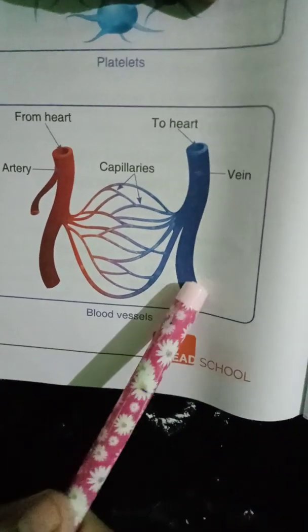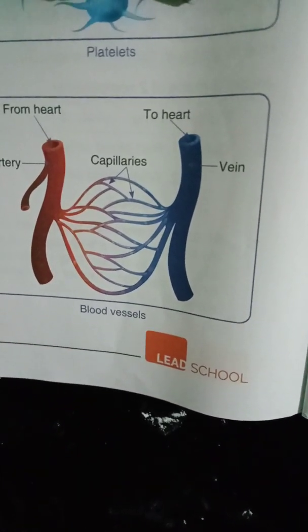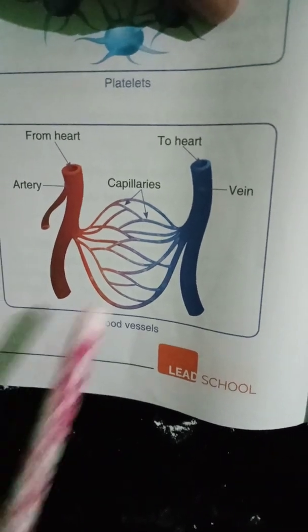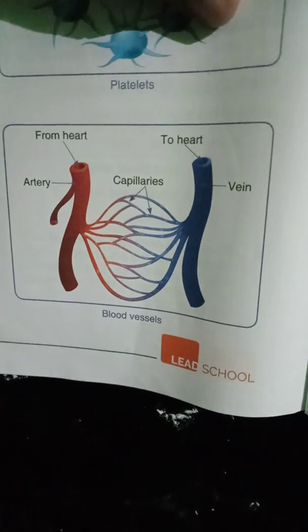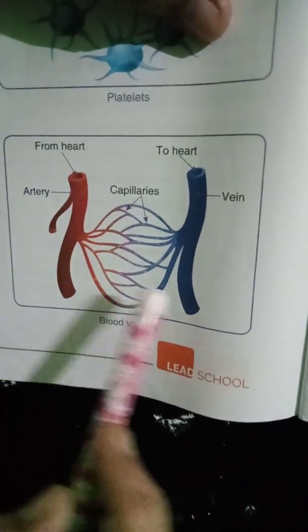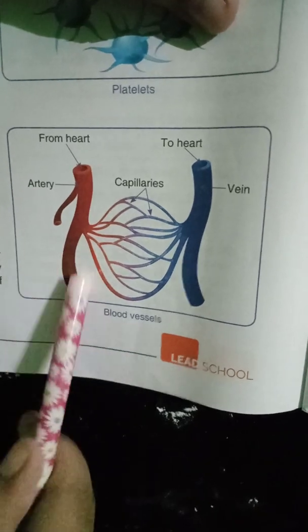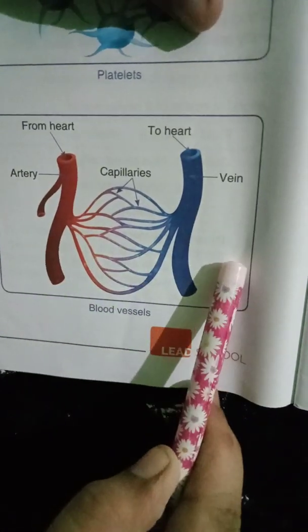So the function of veins is to carry blood from various organs towards our heart. The last type is capillaries, which connect arteries and veins.